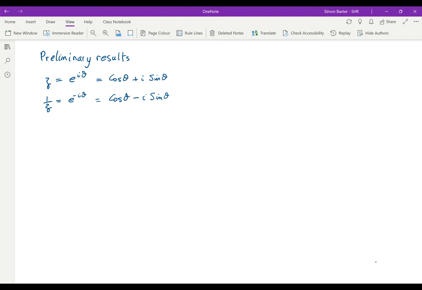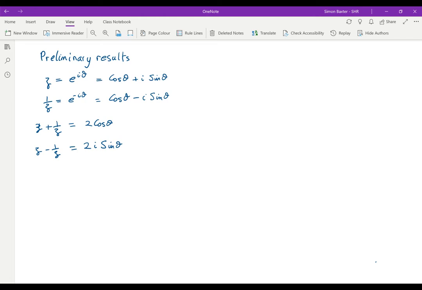From that, we can easily pick out that z plus 1 over z is equal to 2 cos theta, and that z minus 1 over z, if we subtract the two equations, the cosines disappear and I'm left with 2i sine theta.